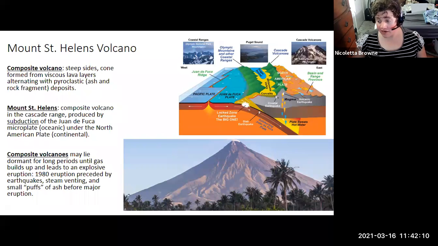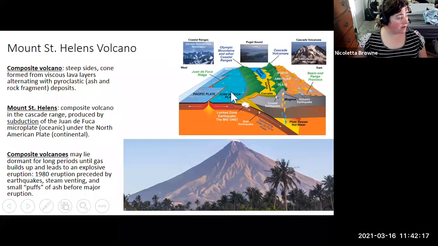And in the Cascade Range in the Pacific Northwest and far northern California, we have a chain of composite volcanoes forming at a subduction zone at a convergent plate boundary. And this is where the Juan de Fuca plate, which is a little microplate, is subducting under the North American plate. And that's ocean crust subducting under continental crust.